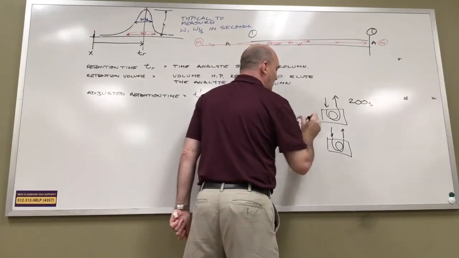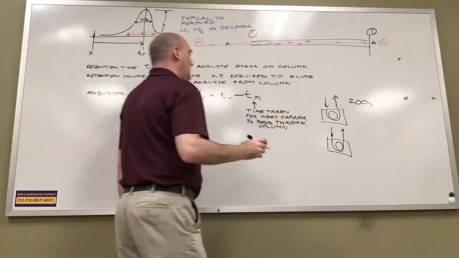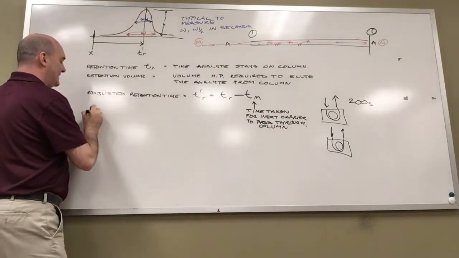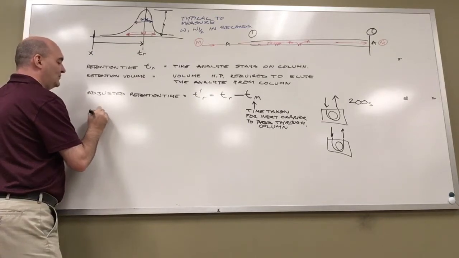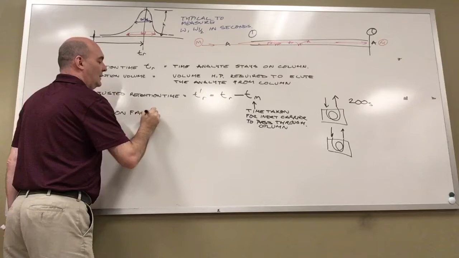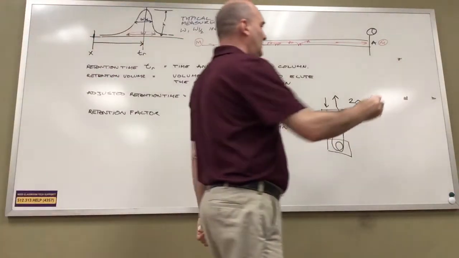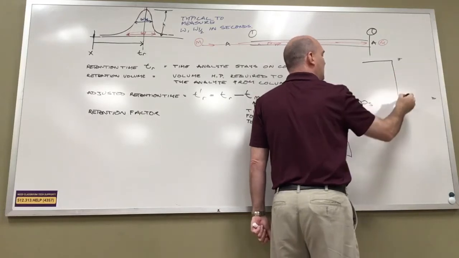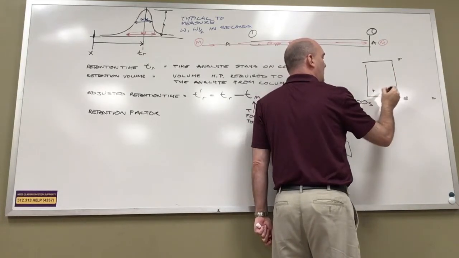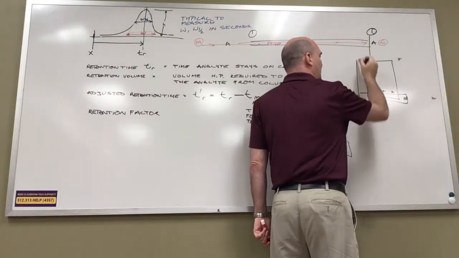And that's going to lead us to retention factor. We saw retention factor when we did TLC previously. When we did TLC, what was retention factor? Here's a TLC plate. You put a little mark on the plate, you put it in a pool of solvent.